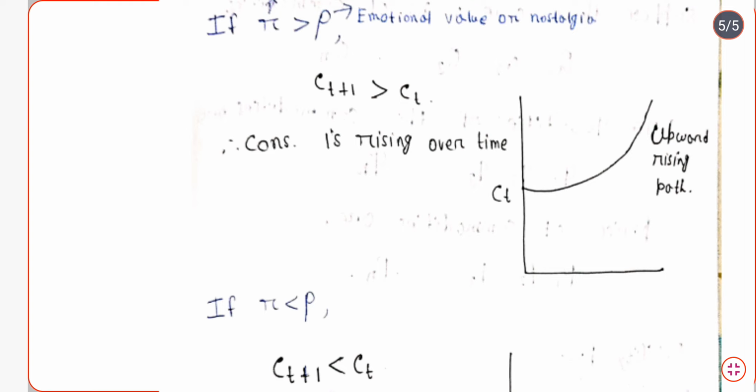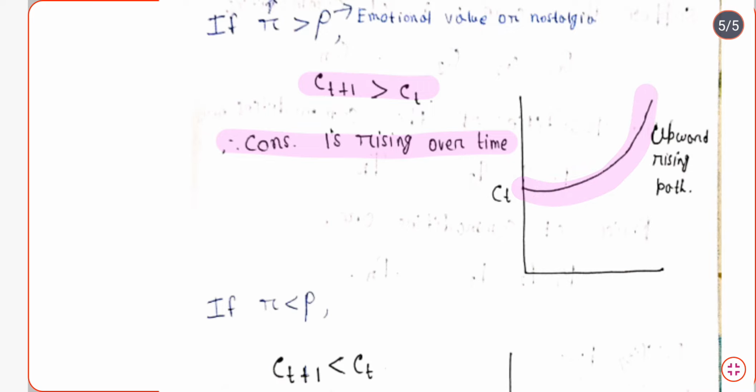You can easily find this out by solving the equation. Just put the values of R and rho in the equation, and suppose R is greater and rho is smaller. In this way, you can easily determine that consumption in the future period, that is consumption in the T plus 1 period, will be greater than consumption in the current period, or consumption in the T period. So consumption is rising over time because future consumption is greater. So the graphical representation will be an upward rising path.